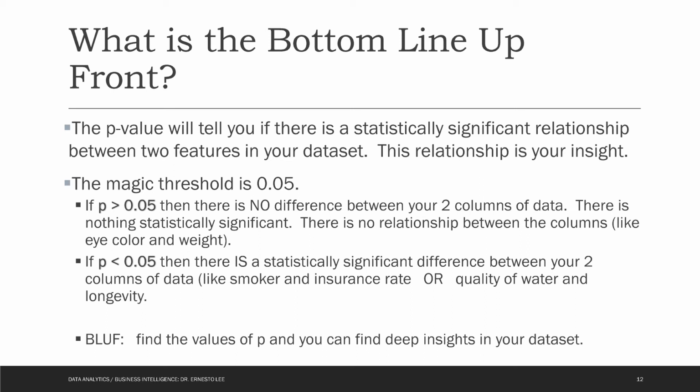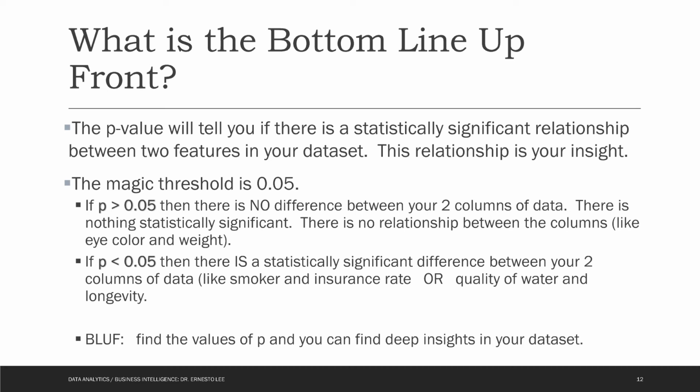It's just like if you found footprints in the sand, and the two columns you had to evaluate were eye color and weight. You would see no statistically significant relationship between eye color and weight with respect to the footprints found at the beach.